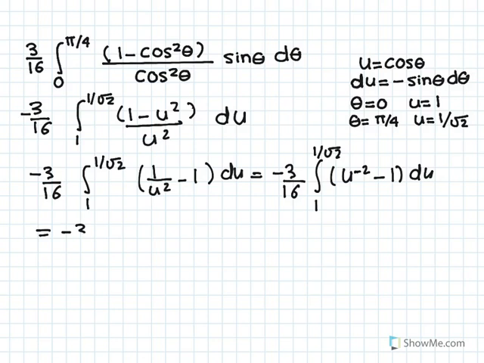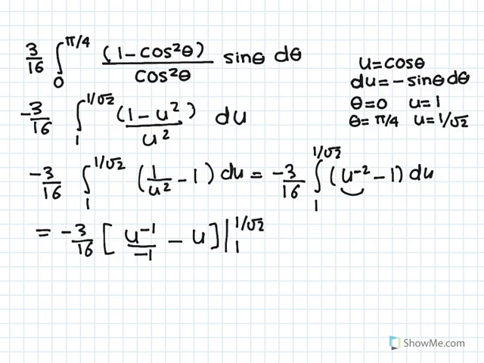Now split up the integrals, integrate term by term. What is the antiderivative of U to the minus 2? Add 1 to the power, divide by the same. U to the minus 2 plus 1, that's negative 1. Divide by minus 1. Minus the integral of 1 is just U. And the integration is from 1 to 1 over root 2.